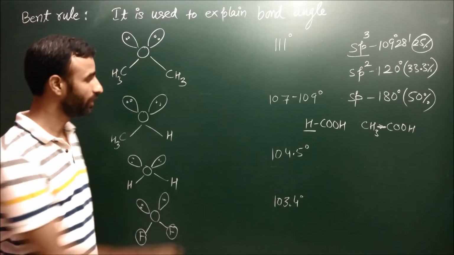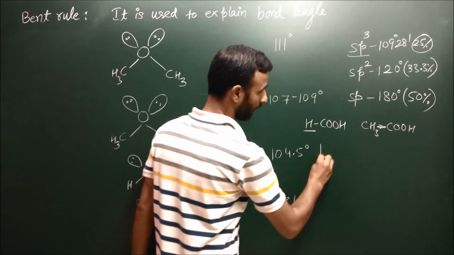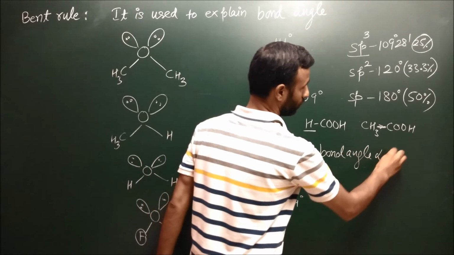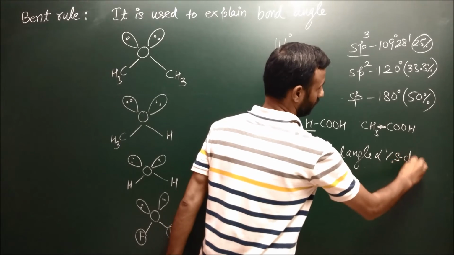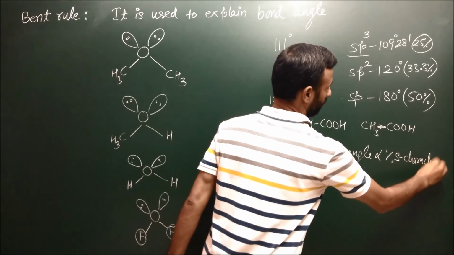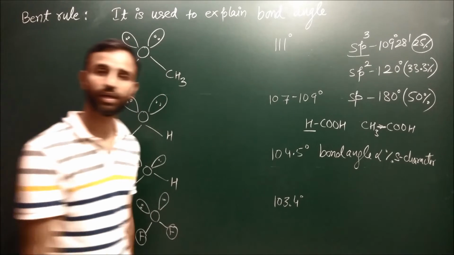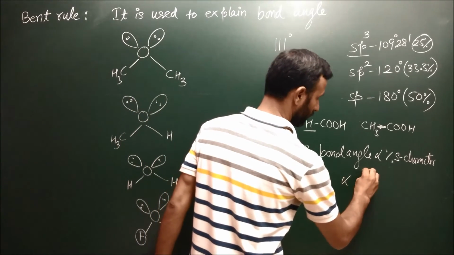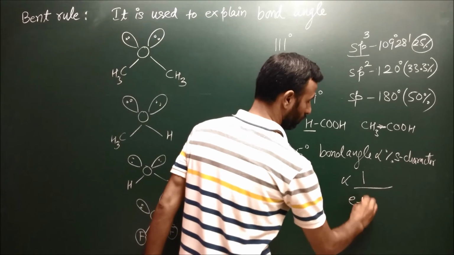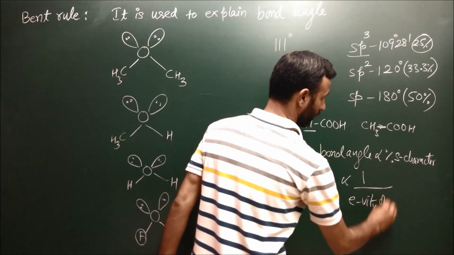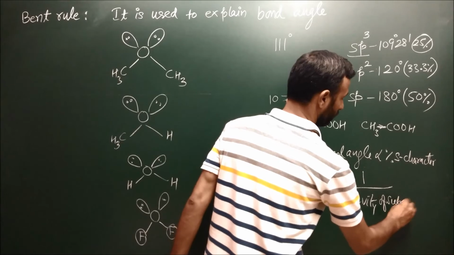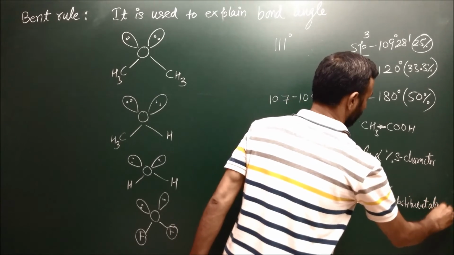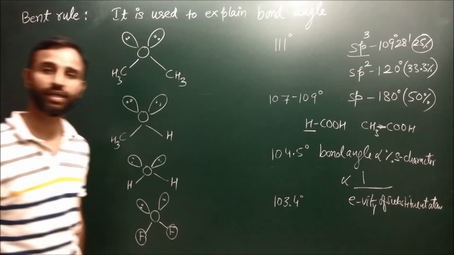So in this way we can say bond angle is proportional to the percentage of S character, and it is inversely proportional to the electronegativity of the substituent atom.